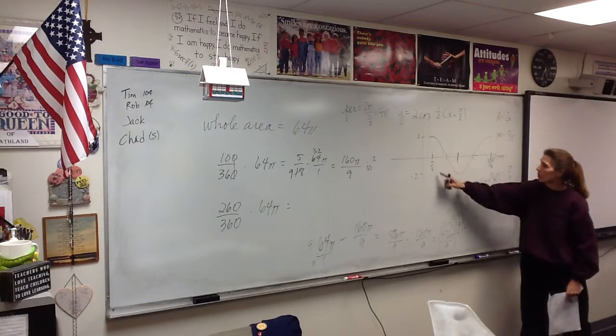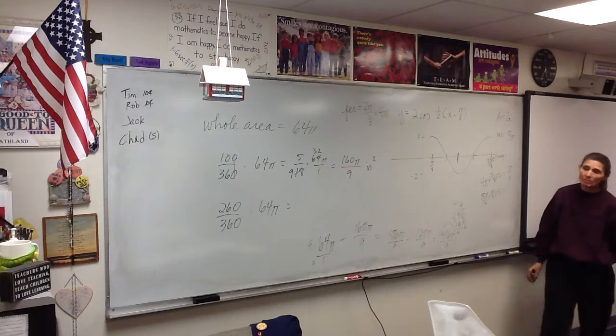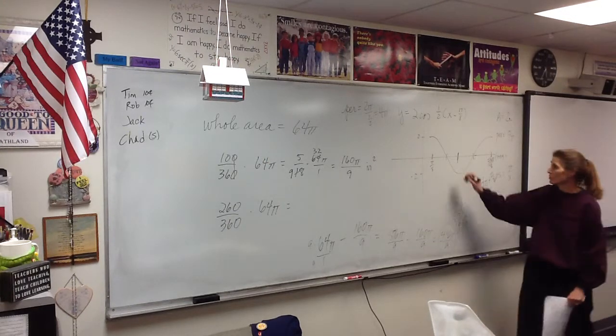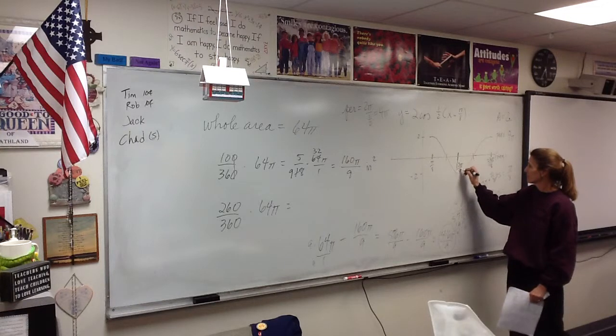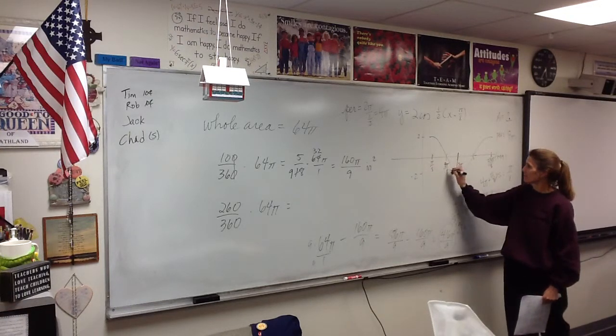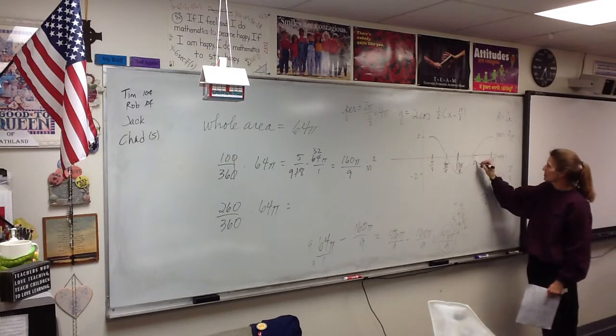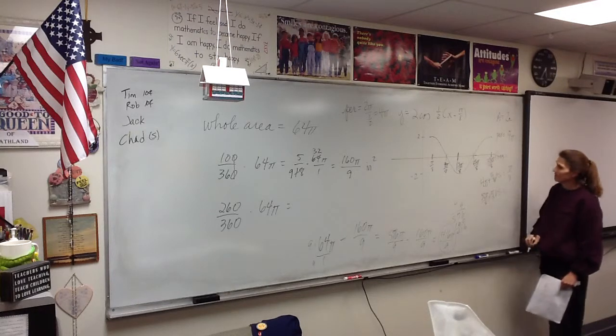This is the midpoint of 1 and 33. The average of 1 and 33, 1 plus 33 is 34, divided by 2 is 17. 1 plus 17 is 18, divided by 2 is 9. And 17 plus 33 is 50, divided by 2 is 25.